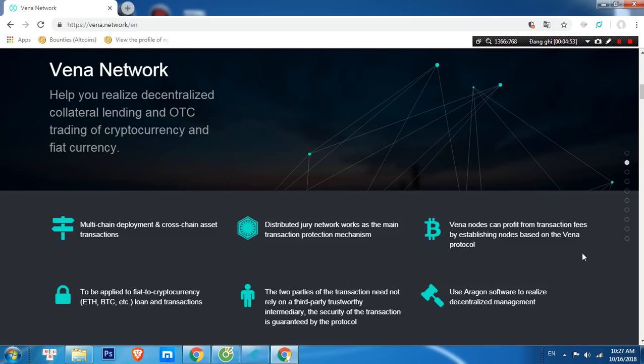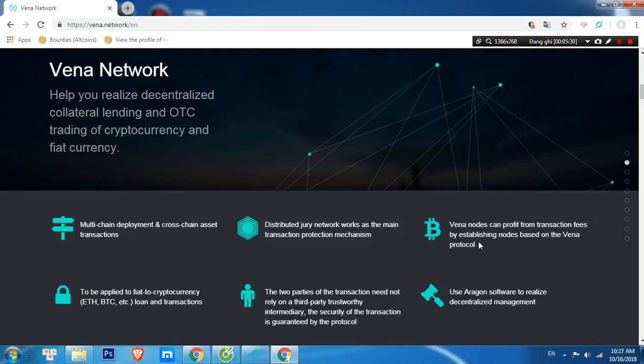Vena nodes can profit from transactions by establishing nodes on the Vena protocol to accept fiat to cryptocurrency, Ethereum, Bitcoin, and etc. transactions. The two parties of the transaction need not rely on a third party trustworthy intermediary.